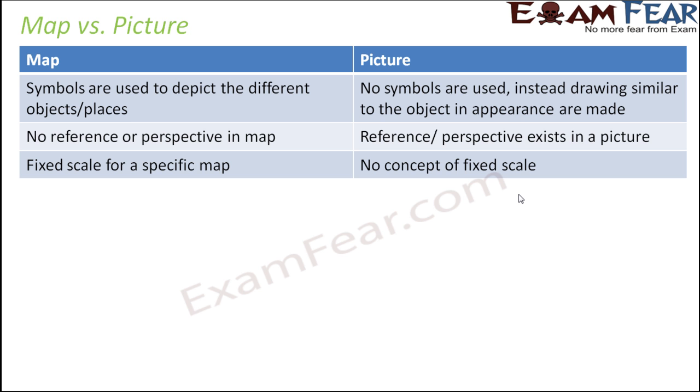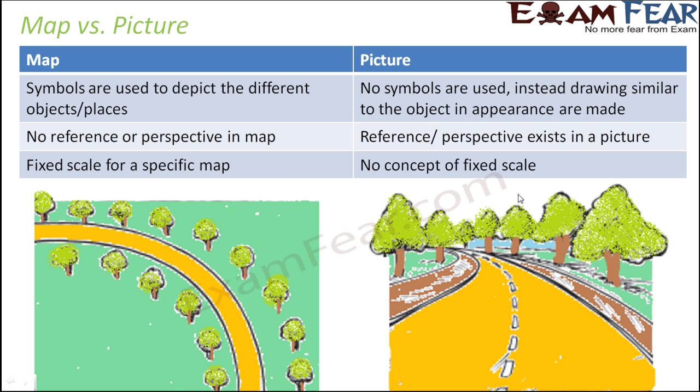Now, when I say actually draw it, that doesn't mean that it should exactly resemble the actual object, but something similar to that. For example, I had drawn the house. That doesn't mean that your house exactly looks like this, but I have drawn a house just to show that it is your house. So let's take some examples. Here we are trying to represent the same scenery, one using a map, the other using a picture.